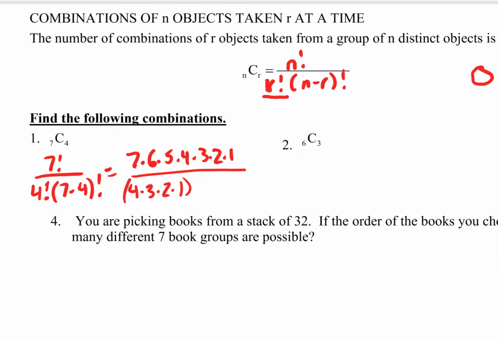And 7 minus 4 factorial is 3 factorial, 3 times 2 times 1. So we see that we can eliminate some of our fraction here. 3 times 2 times 1 is 6. I'll remove that as well. And we get 35. So if we have 7 unique items, and we're told to choose 4 of them, and the order doesn't matter, then there are 35 different ways to select that group of 4 items.